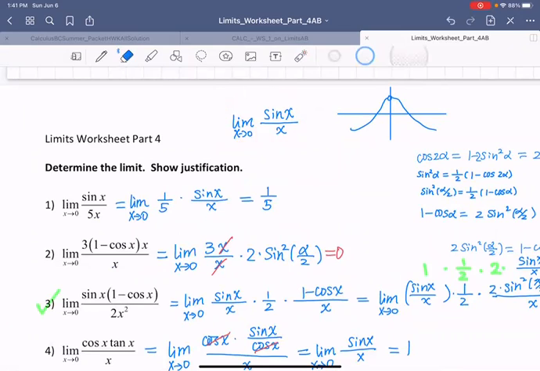Does anybody in this class know what the limit is for this value? You can also text me your answer in the chat. Okay, everybody can send me your answer. What's the limit of this one?